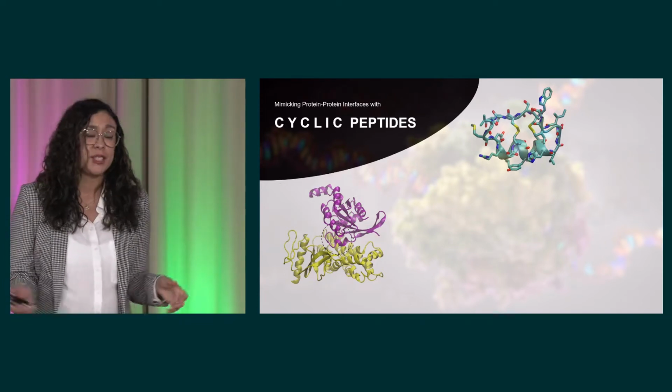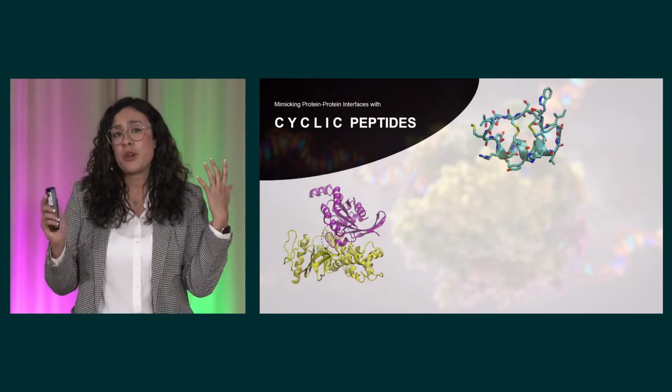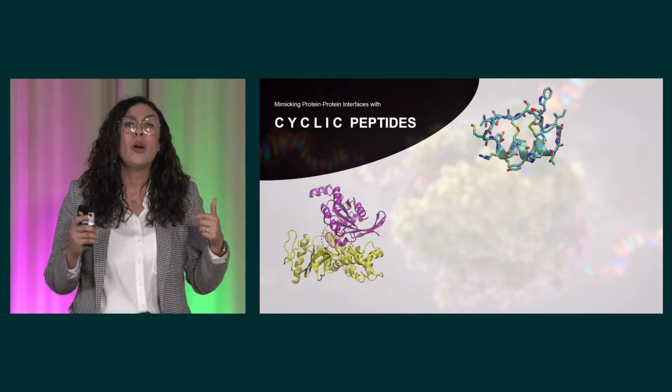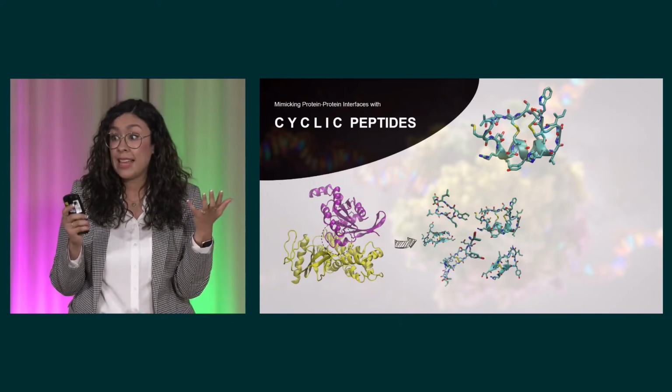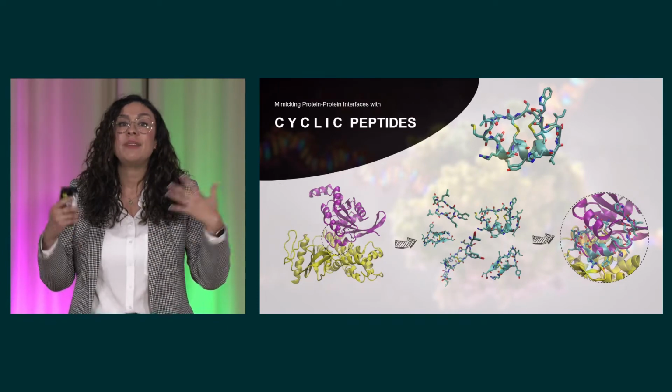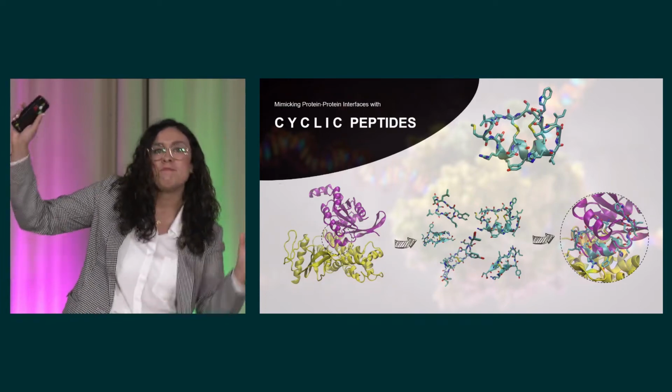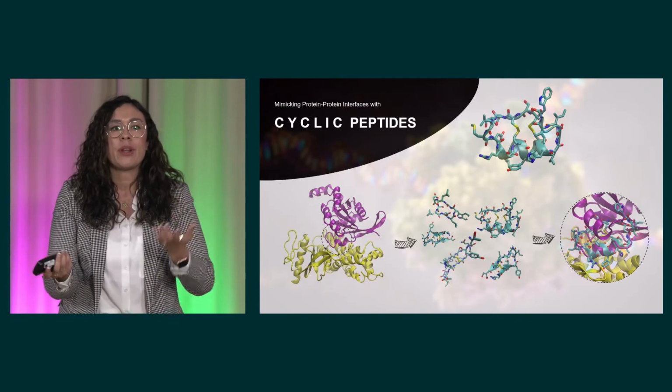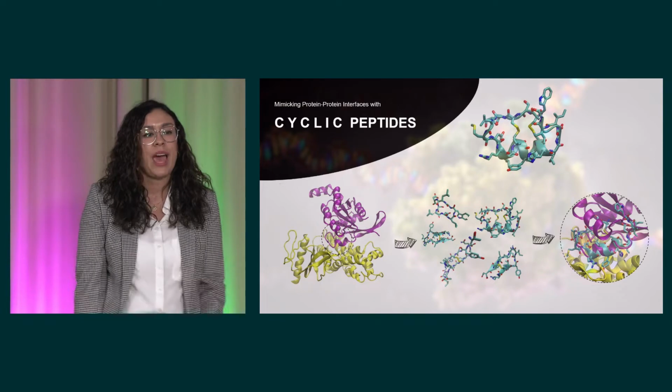I could talk for ages about cyclic peptides, but I'm just going to tell you that they're like little proteins. So one can select them to imitate parts of protein-protein interactions and compete, pretty much mimicking the way the protein already works, and now we can stop this from happening.